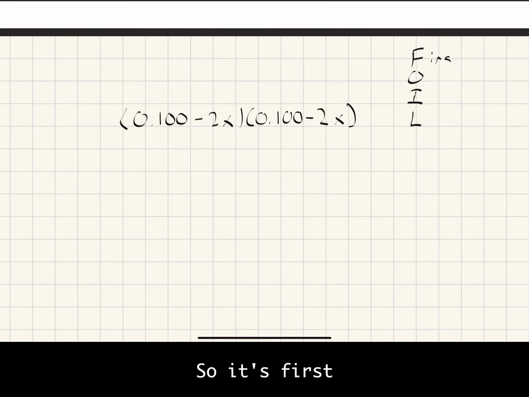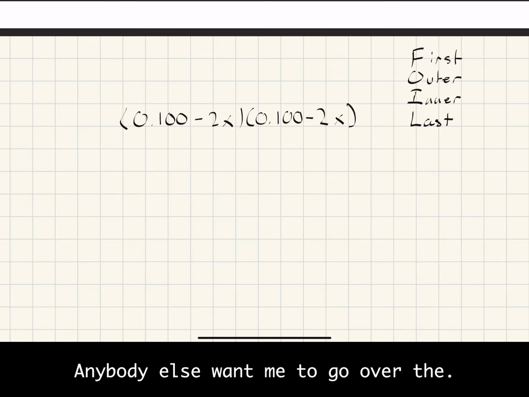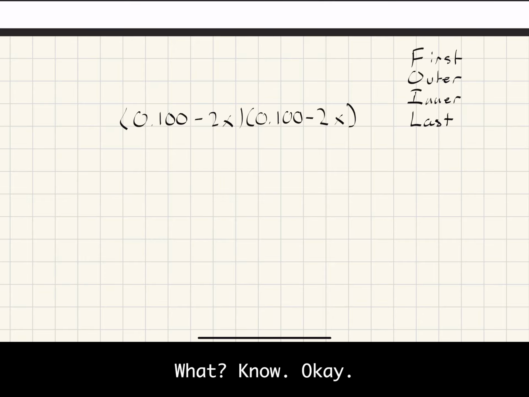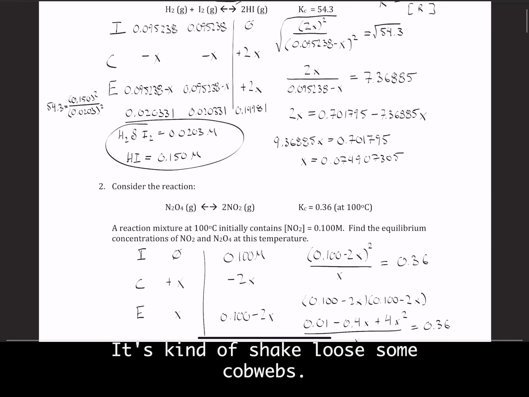So it's first, outer, inner, last. You got it? Okay. Anybody else want me to go over it? Well, it's fine if you want me to. It's got to shake loose some cobwebs.